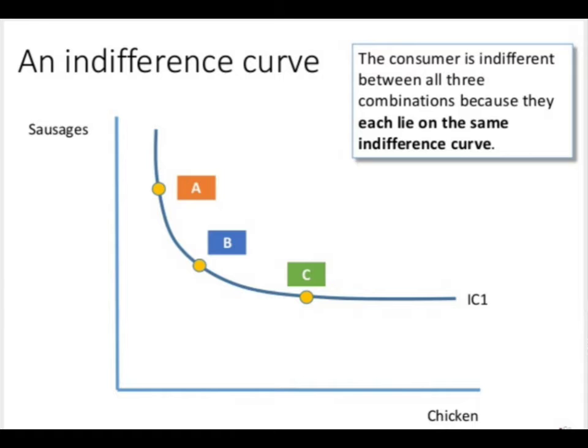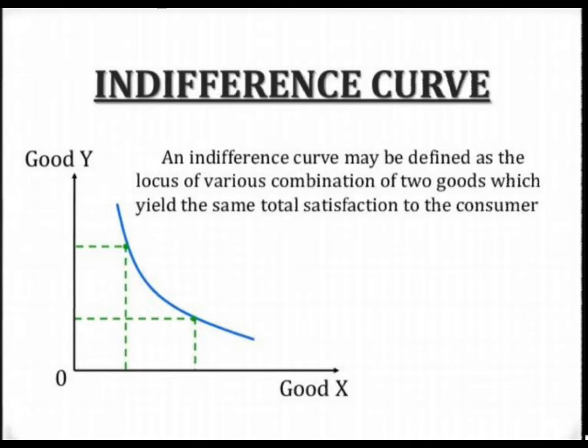You can see these are the points on the indifference curve, and all these points are known as the commodities A, B and C, and all these combinations give us the same level of satisfaction.